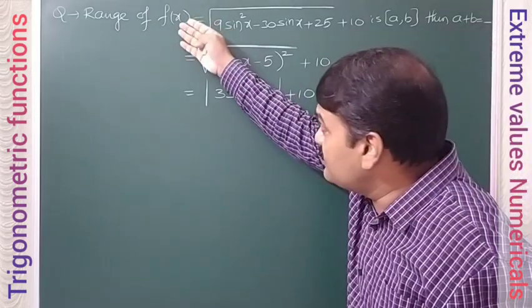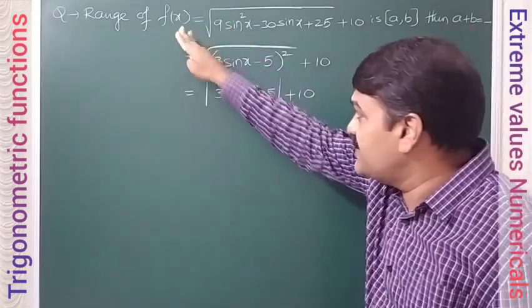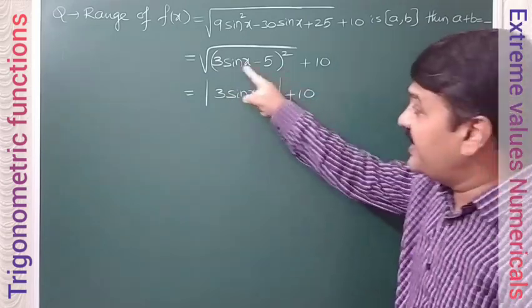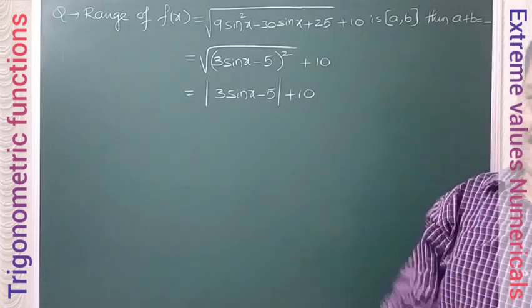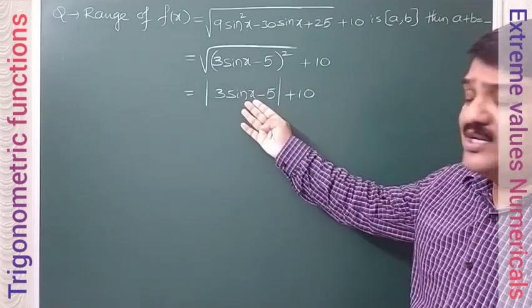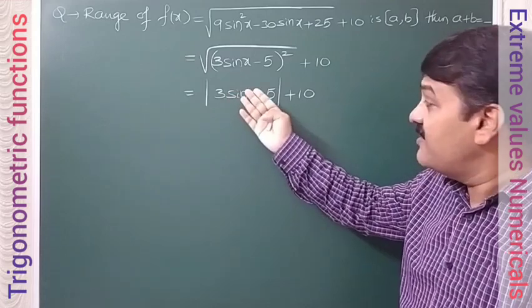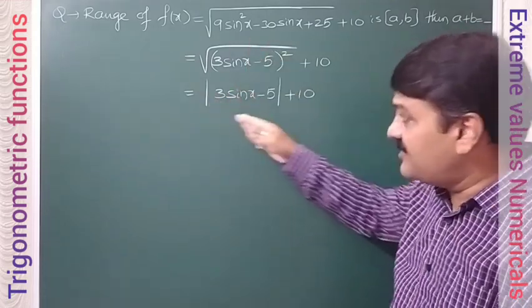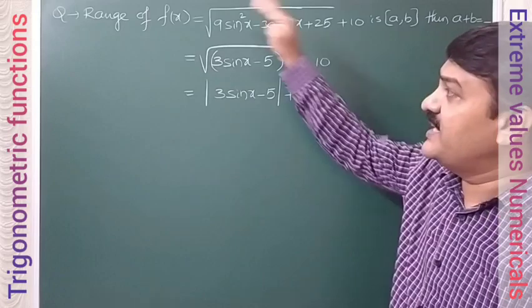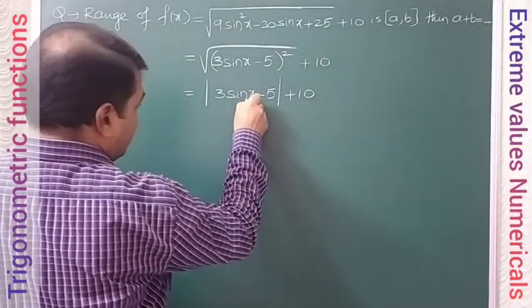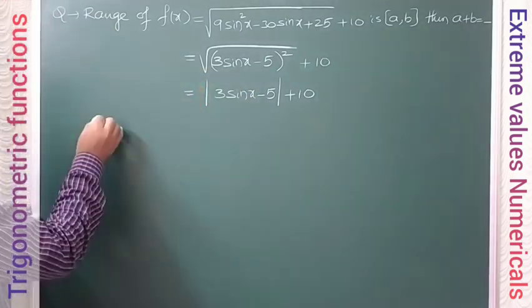Whatever the values, the extreme values of f of x will depend on this. Now, how to find the range of this term, that we have to think. We know the range of sin x. So using the range of sin x, we will find the range of this term, from which we will get the range of f of x also. So let us try to get the range of this term now.